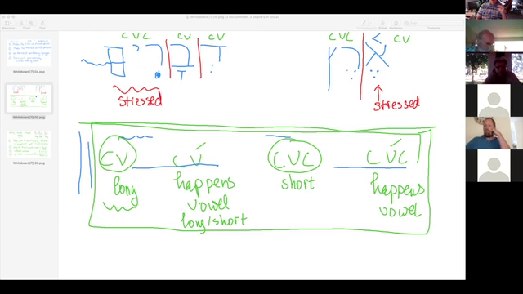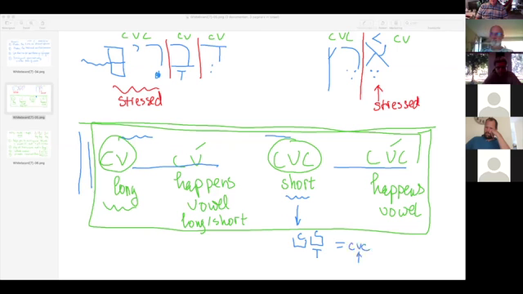A closed syllable has a short vowel. So what does it mean? Let me help you. If you have a syllable like this, C, and here a vowel, and here another vowel, C, you know this is CVC.